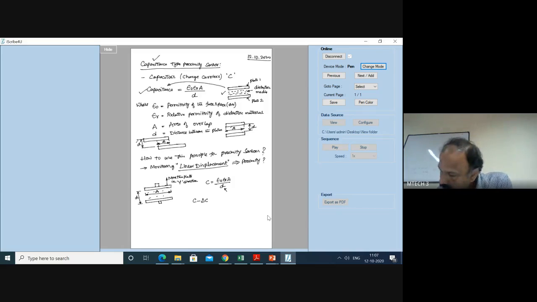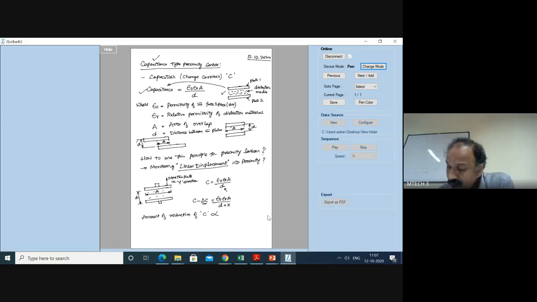The reduction in the capacitance occurred because D increased to D plus X. So this is one method. Now, the amount of reduction of C is directly proportional to what?